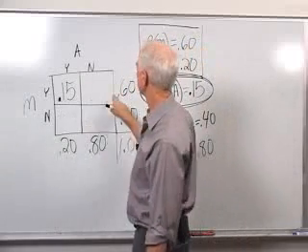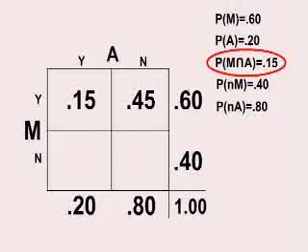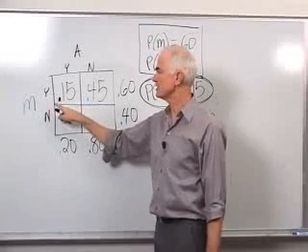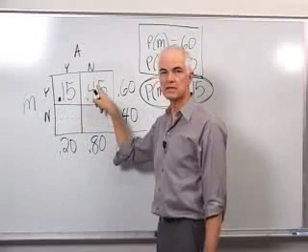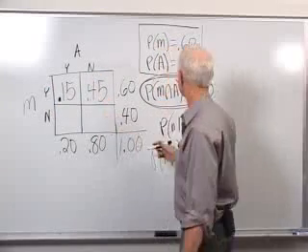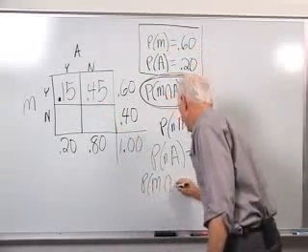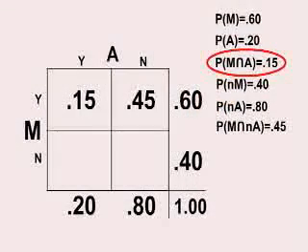Subtracting 0.15 from 0.60 results in 0.45. This is the probability that the fast food manager is a male, yes, but not under age 30. So we can write that over here. The probability that they are male and not under 30 is 0.45.